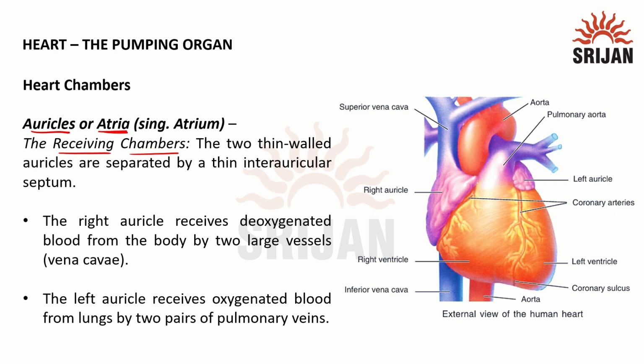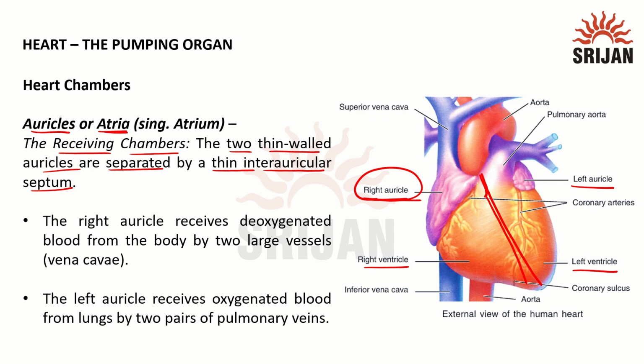So, they are known as the receiving chambers. The two thin walled auricles are separated by a thin interauricular septum. So, septum will make sure we separate the left and right side of the heart. Now, this septum is thin in case of auricles, whereas septum becomes very thick in ventricles.